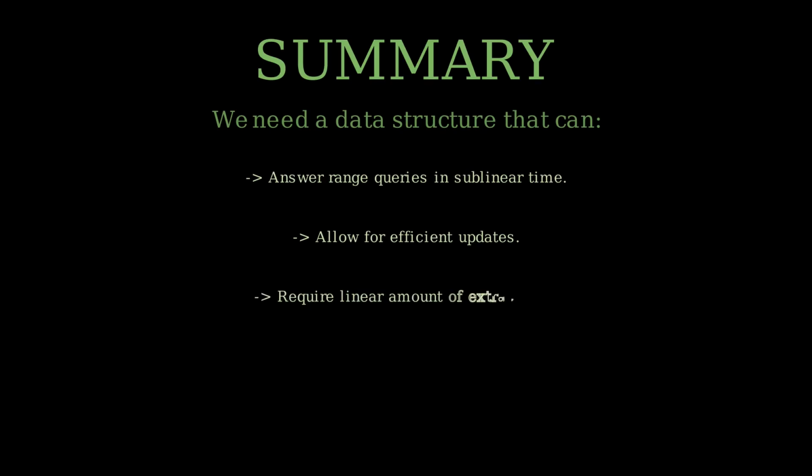And finally, this data structure should not require too much extra space. You've guessed it. The data structure I'm talking about is the segment tree, and it will allow us to do all these things. So stay tuned, see you in the next video to get the intuition behind segment trees.